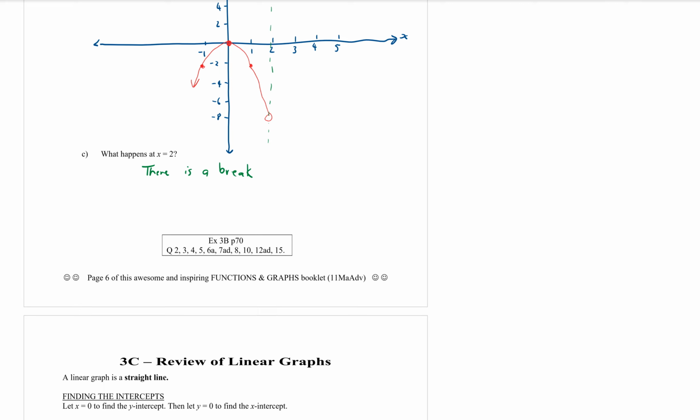It means that the graph is not continuous. So the graph is not continuous. Okay? Because it had a break. And that's it. Fantastic.